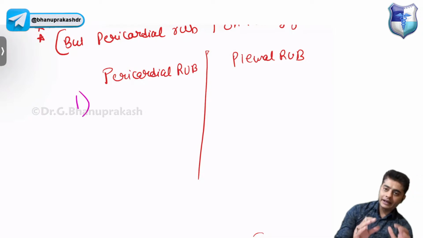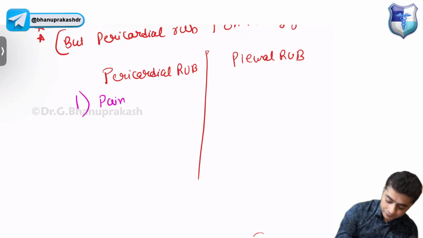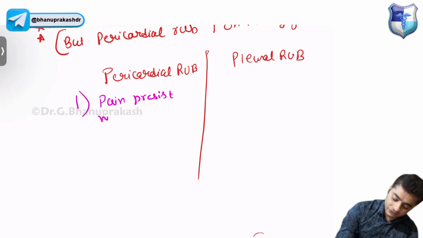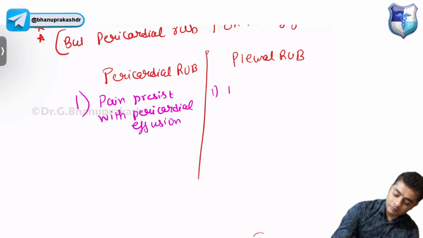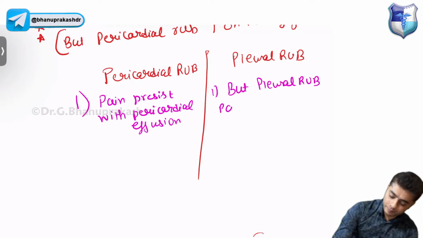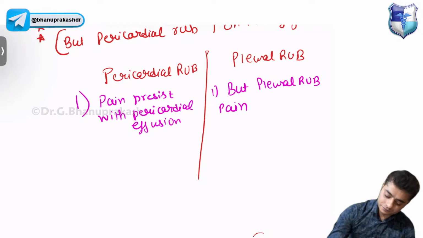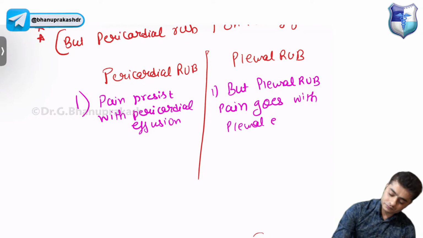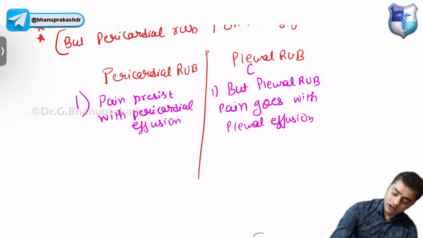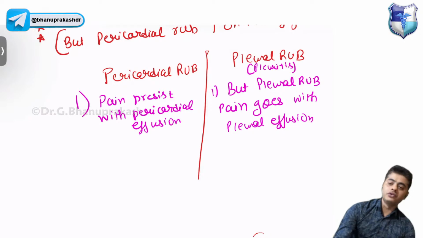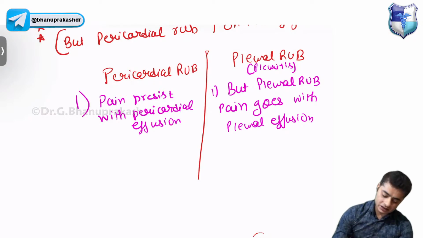Pericardial rub pain persists with pericardial effusion, but pleural rub pain goes away with pleural effusion. So, when you have pleuritis and you develop pleural effusion, the pleural rub will go away. But with pericardial effusion, the pericardial rub will still persist.